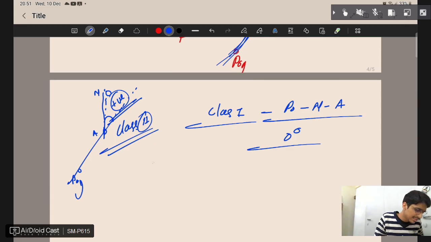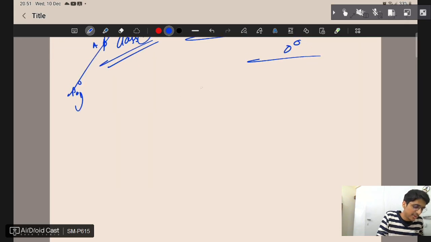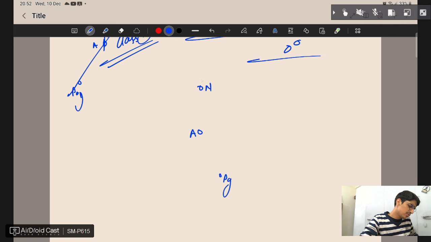In class 3 situations, the things become reverse. In class 3, the point A will still be at the nasion, between the nasal and the frontal sutures, and the pogonion will be ahead of point A. So now just draw this angle, guys.